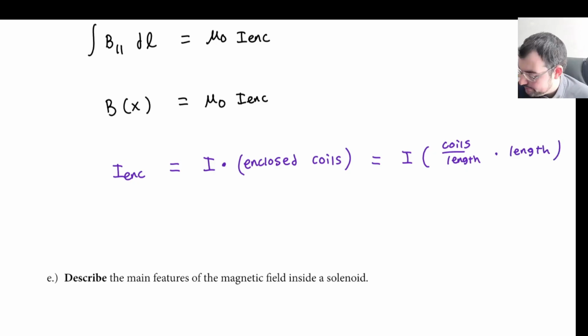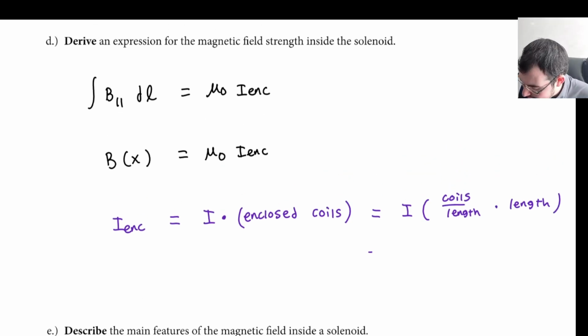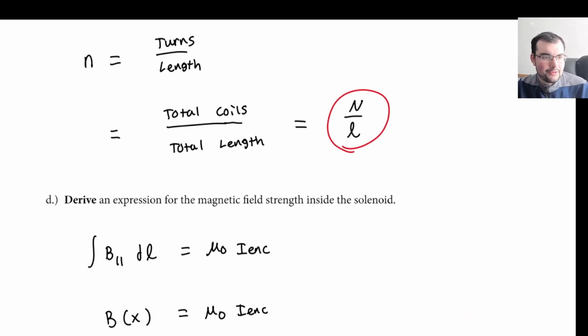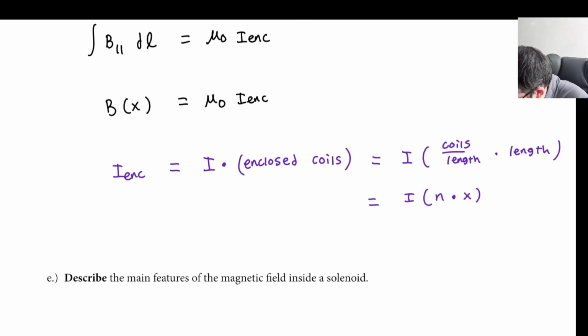times length. And we do have an expression for that, because coils per length was defined as lowercase n. And what is the length enclosed? Well, the length enclosed is x. And we did go a step further: we said lowercase n could be written as capital N divided by L. And that works as well.